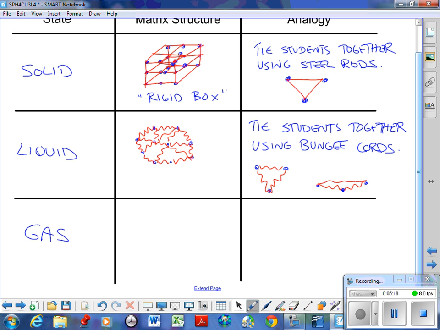And finally, gas particles are such that they get spread out and the bonds aren't even touching or connected anymore. They're able to dissipate. I'm just drawing some red lines to show there's a little bit of push and pull, but not enough to maintain the shape. This would be like taking students outside and turning my back.